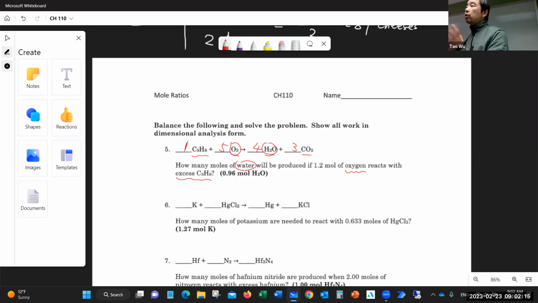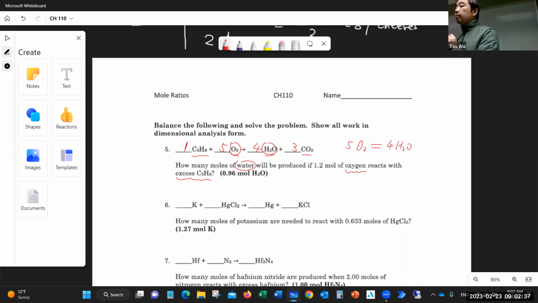So it's just like if I have the buns, how many Big Macs can we make? First, you need to find the relationship between the oxygen and water. The 5 oxygen equals 4 water, right?